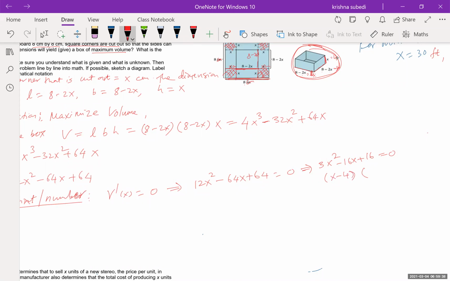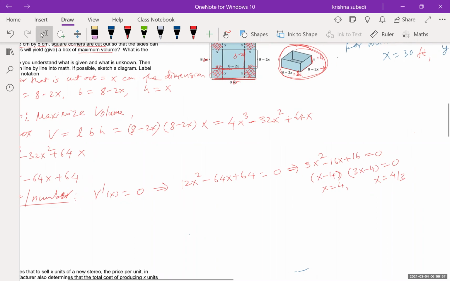If you factorize it, you're going to get (x minus 4)(3x minus 4) equals 0. So this gives me x equals 4 and 3x equals 4, so x equals 4 over 3. So we got the two values here for x.